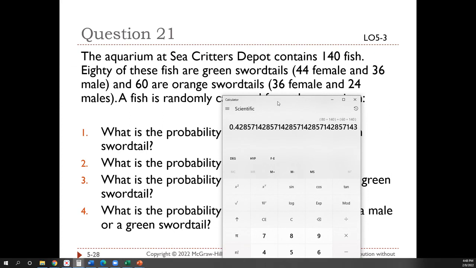Basically, we're adding A and B. And then we're going to subtract the similarity one, the male and green swordtail. So minus 36 divided by 140, because again, that's A and B together.